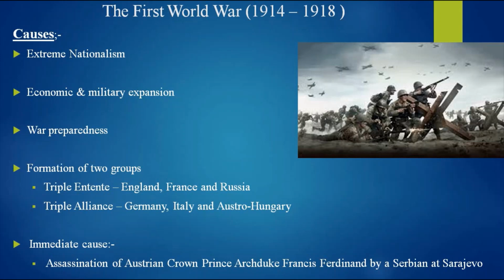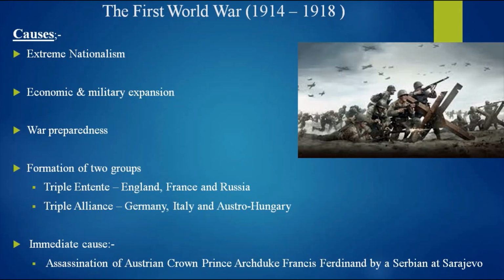To fight against another country, military expansion was needed, and this led to the First World War. Then, war preparedness. Some countries in Europe thought war would definitely come and that the other group would attack them, so both groups started to prepare themselves for war.